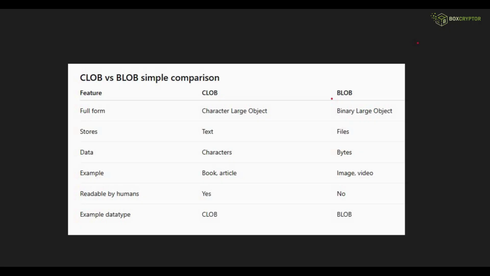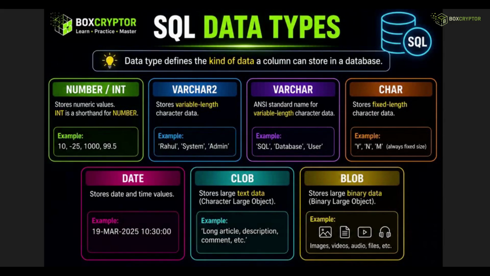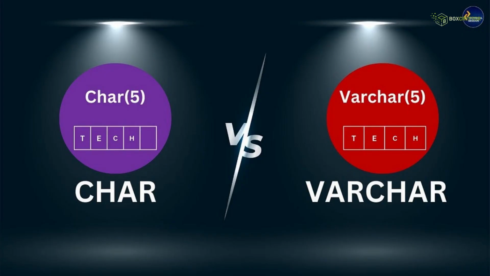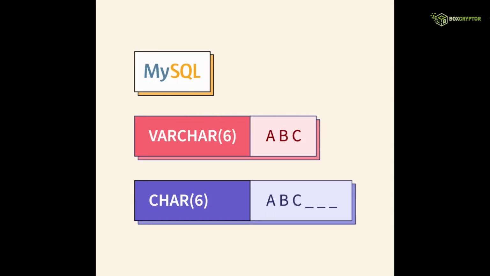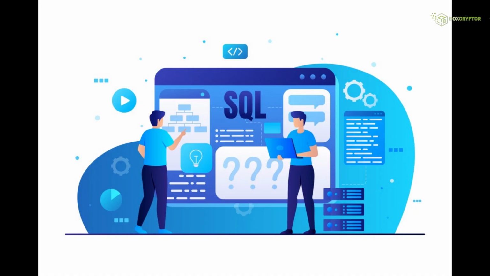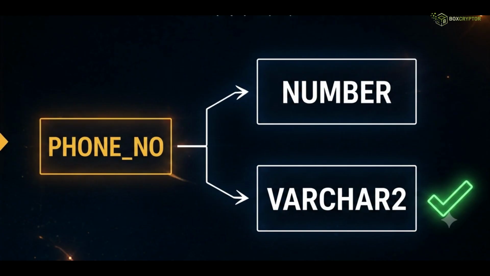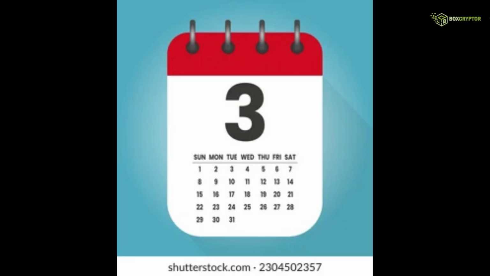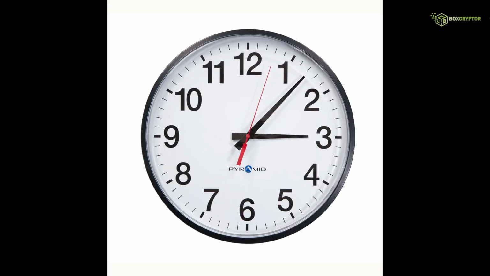In this video, we learned how to choose the correct data types while designing a table. We also understood the difference between CHAR and VARCHAR2, why Oracle recommends VARCHAR2 over VARCHAR, how int is internally converted to number, why phone number should be stored as a VARCHAR2, and the purpose of date, time, timestamp, CLOB and BLOB.